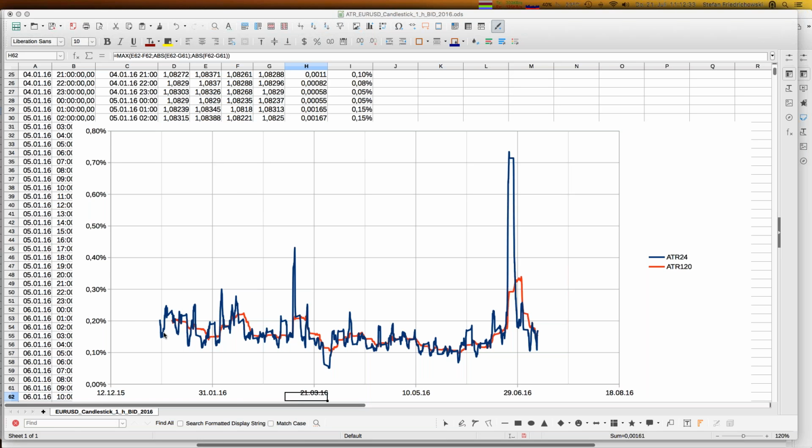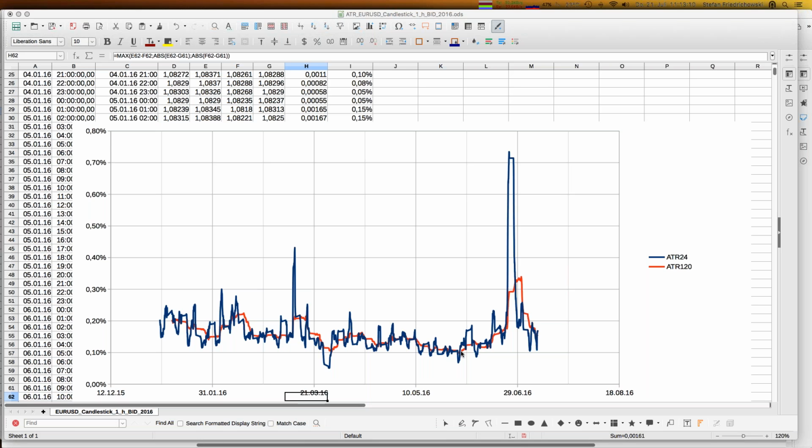And what you can see, of course, the ATR 24 is a little bit more tricky, goes up and down just because of the shorter period, but the typical value of the ATR itself is more or less the same. So if you compare the red curve to the blue curve, you see that the number itself goes during the first month down, down, down, down.